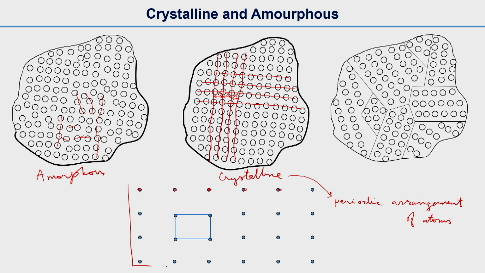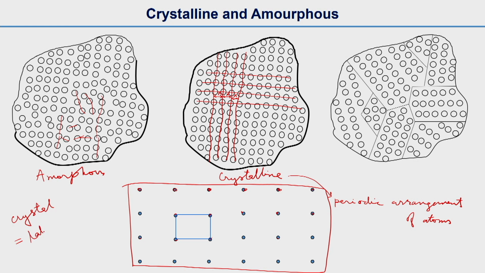If you see this part of the slide, let's call these points lattice points. Now you will get this definition in some textbooks, though not every textbook discusses it this way: crystal is equal to lattice plus motif. The motif is sometimes called the basis as well. So what is the lattice here?